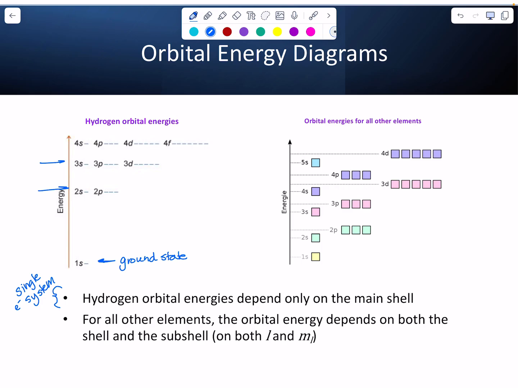And the larger the differences in energies between individual electrons can be. So for all other elements, the energy associated with electrons in a particular orbital is going to depend not just on their energy level, the n number, but on their angular momentum and their magnetic quantum number, those other two quantum numbers.